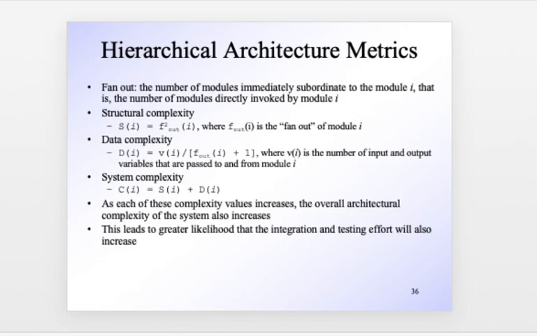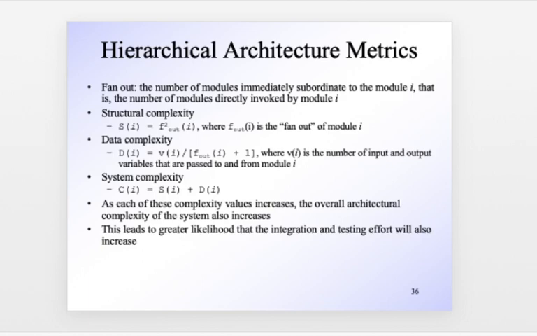S of i is equal to f out of i squared. F out is called fan out, where it basically indicates the number of modules immediately subordinate to a module i. Data complexity D of i is equal to v of i divided by f out of i plus 1, and the system complexity is computed very easily, which is the sum of the structural complexity and data complexity.